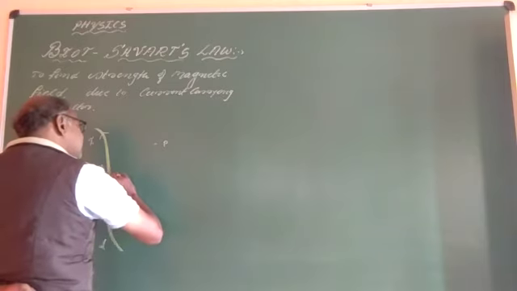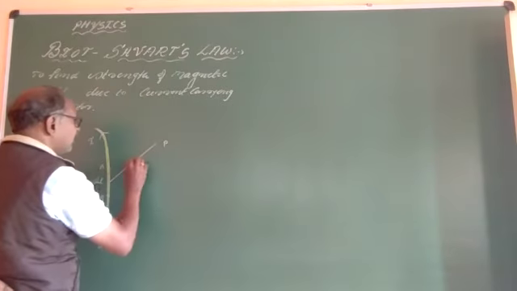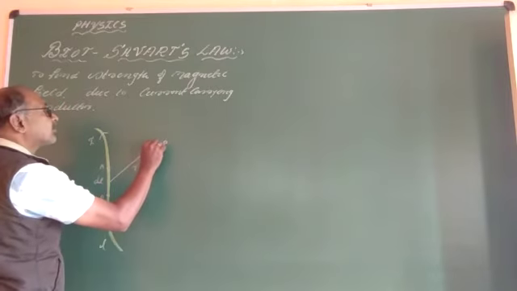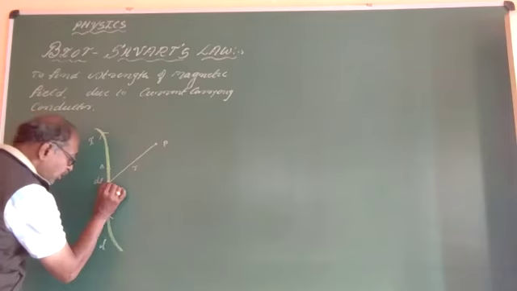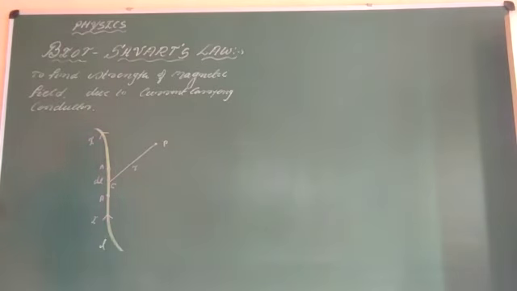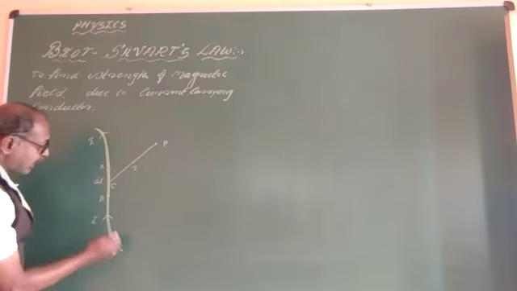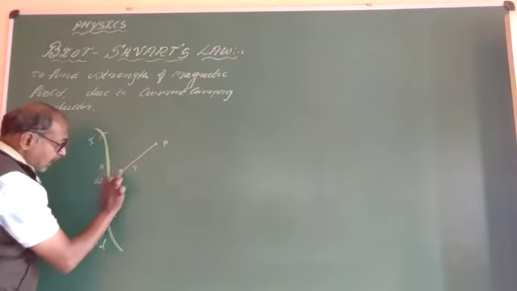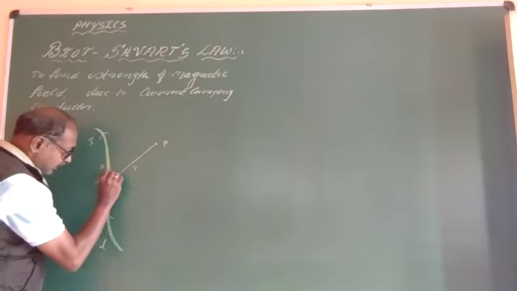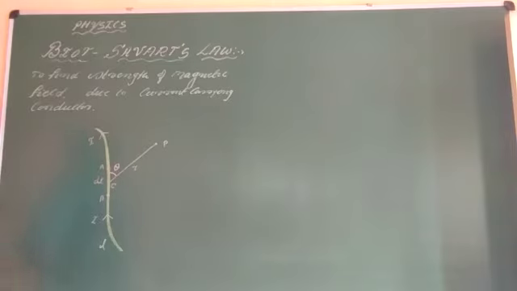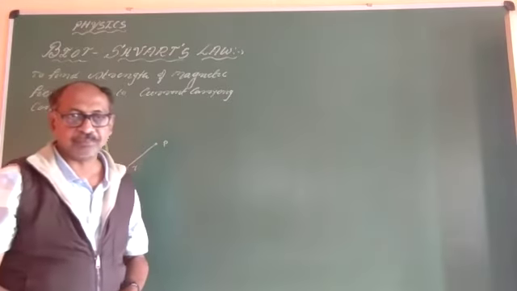Let us say the distance is R, from this point, let us call that point C. Now we have the angle between this dl and also the R. Let us consider this angle is theta.